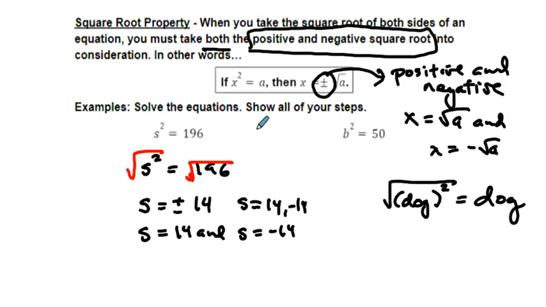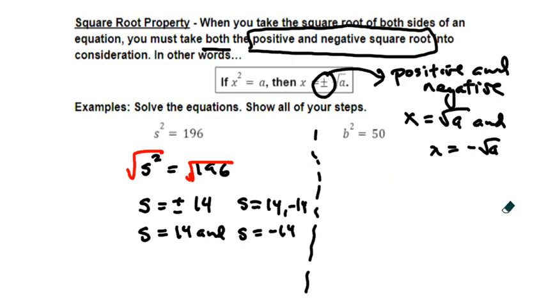Those are your answers to that, okay? So we're going to put in our little thing there. Okay, we're going to get rid of the square root of dog, because that's pretty weird.